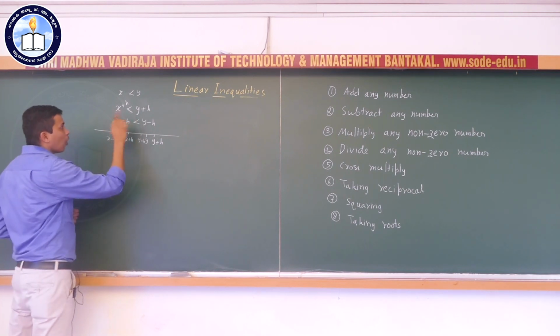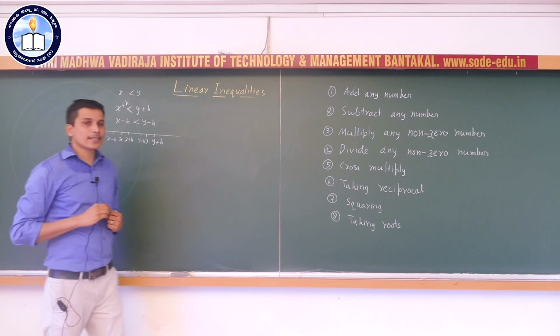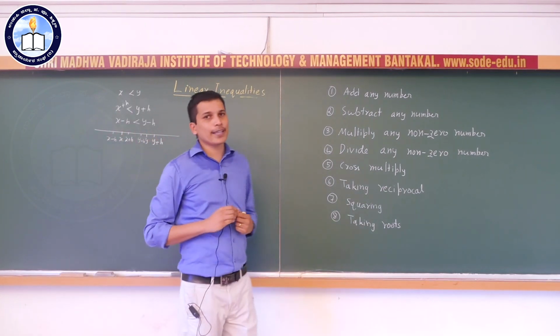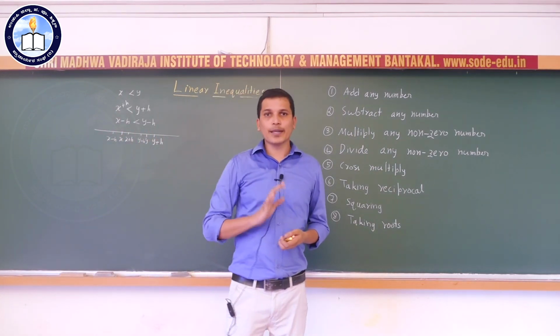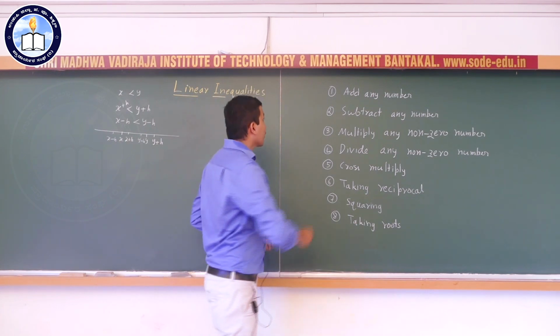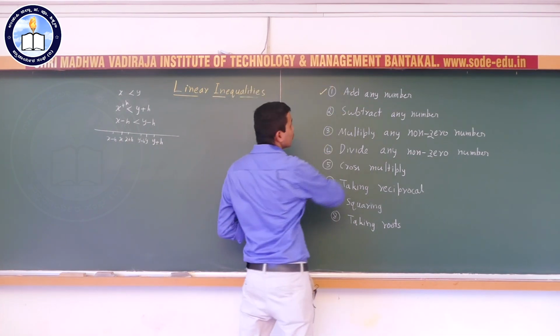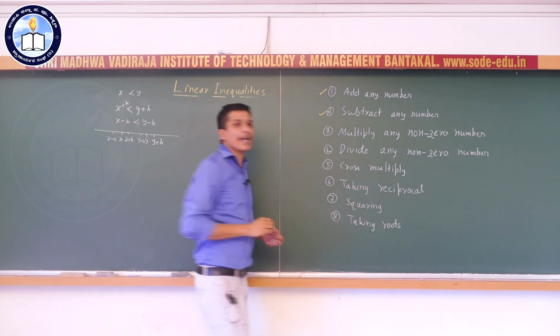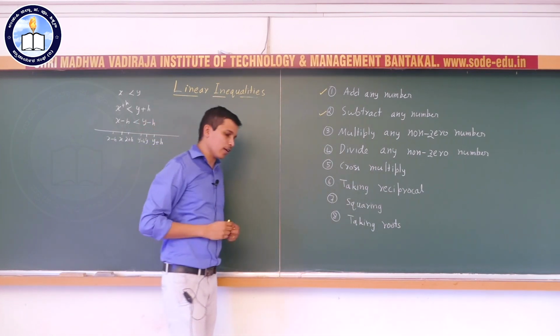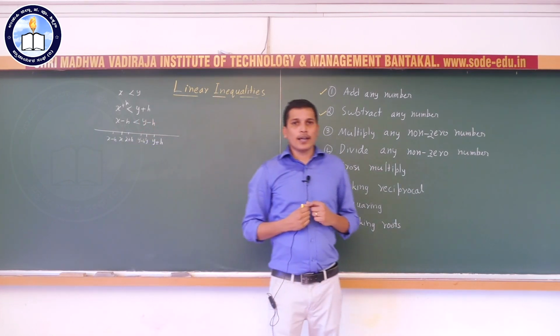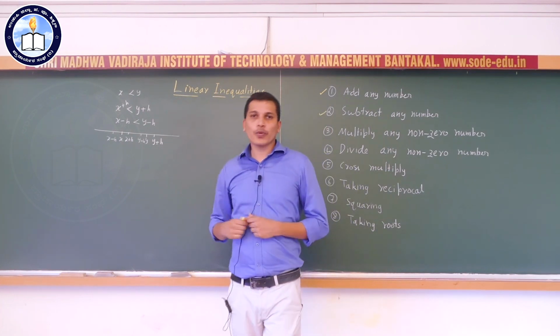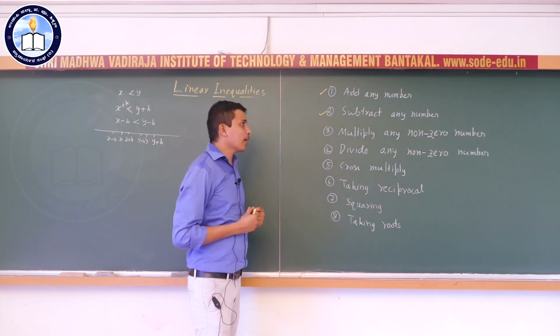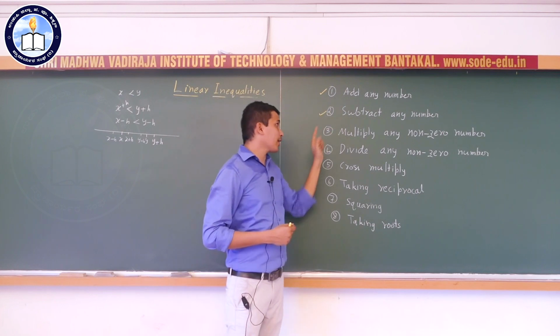When you add or subtract the same quantity on both the sides of an inequality, the inequality remains the same, right? So that's why we can do this operation as well as this operation easily, as we do in equations. In case of inequality also we can apply these two rules.